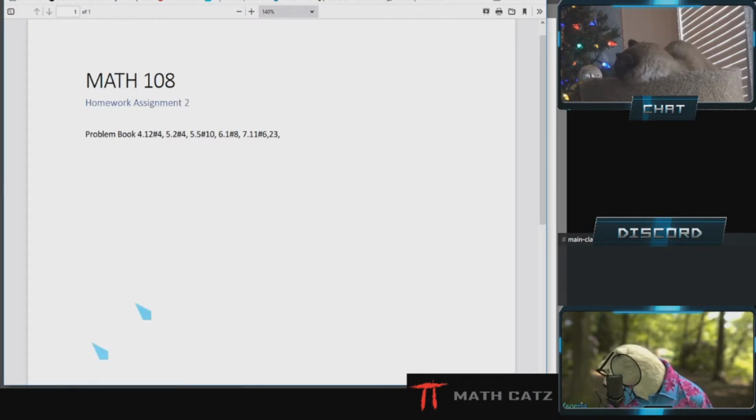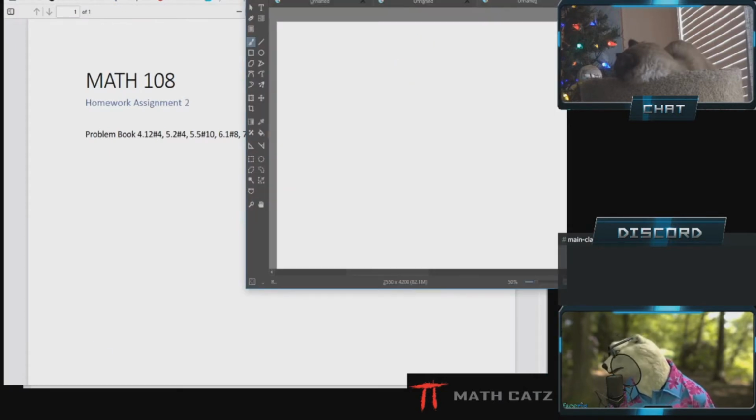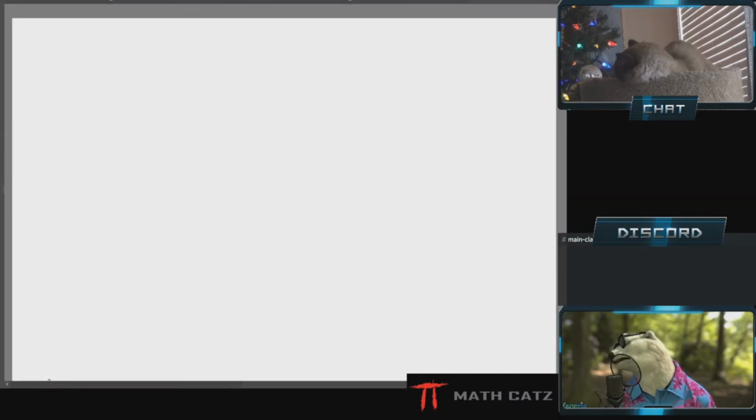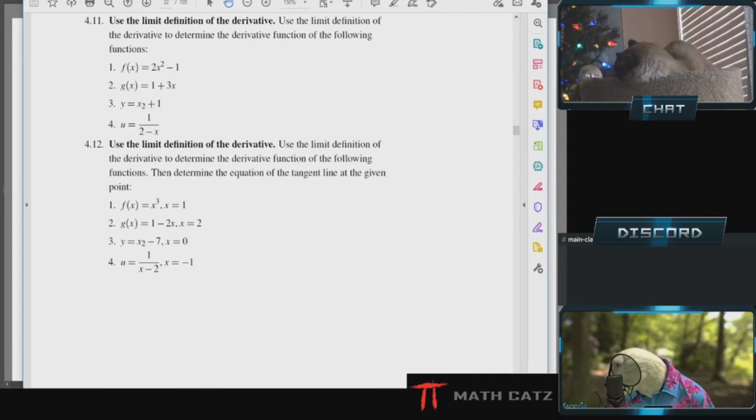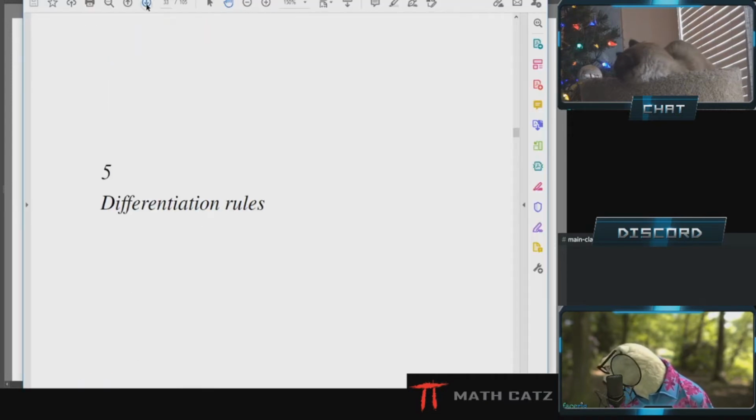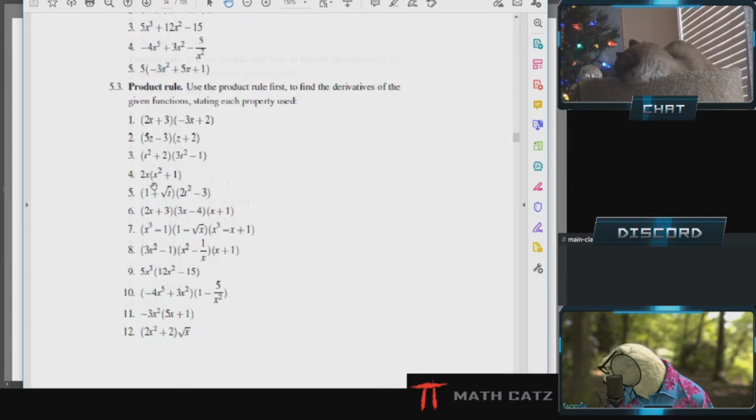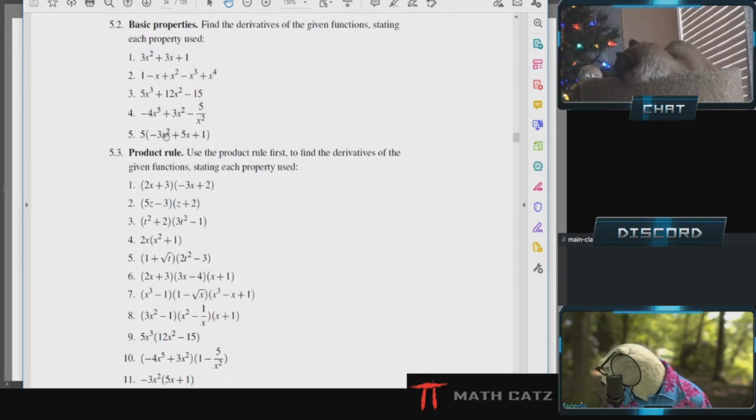Next, a question. 5.2, number 4. Let's see what that is. I want to find the derivative of the given function, stating each property that I'm using at every time.